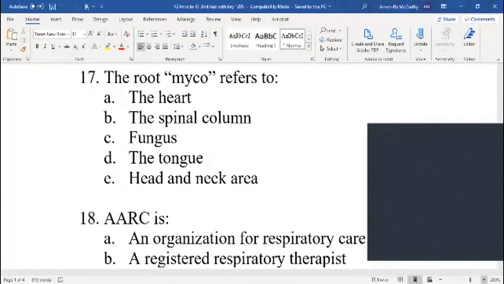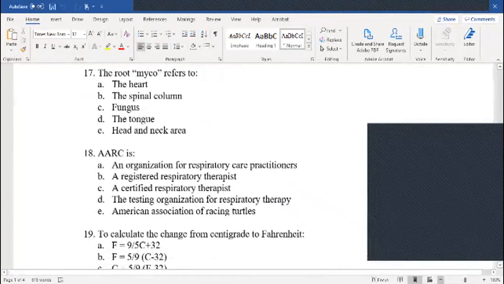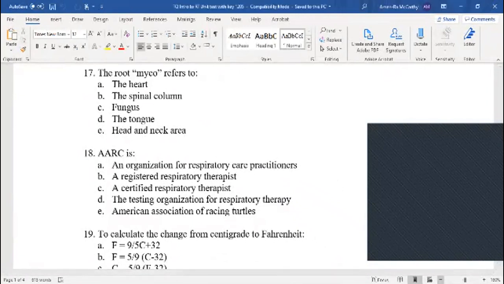Somebody tell what myco means. Fungus. Myco means fungus. Myo means muscle. Don't get them confused, myco and myo. Myco is fungus, like mycofungin, some kind of medicine that we give. Okay. Number 18.